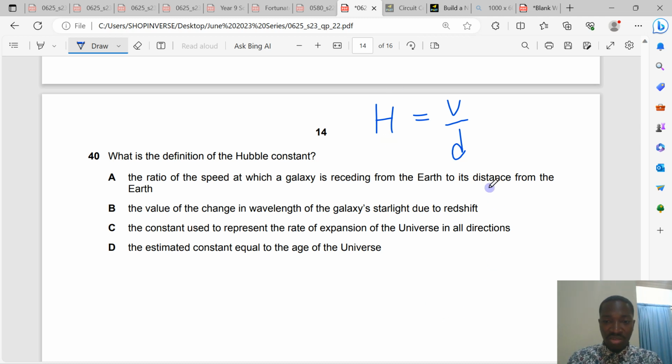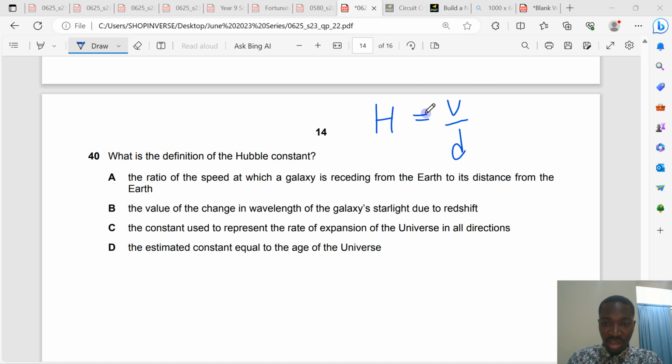Okay, so this is the definition of Hubble's constant. So that is what option A tells us. Option A says the ratio of the speed at which a galaxy is receding from the Earth to the distance from the Earth, and that is what we have here.